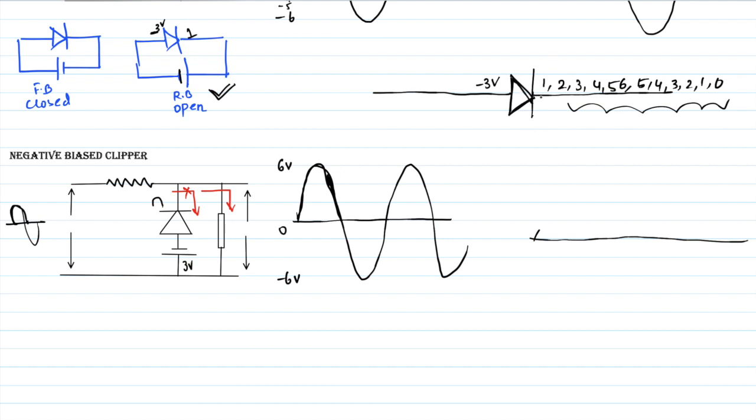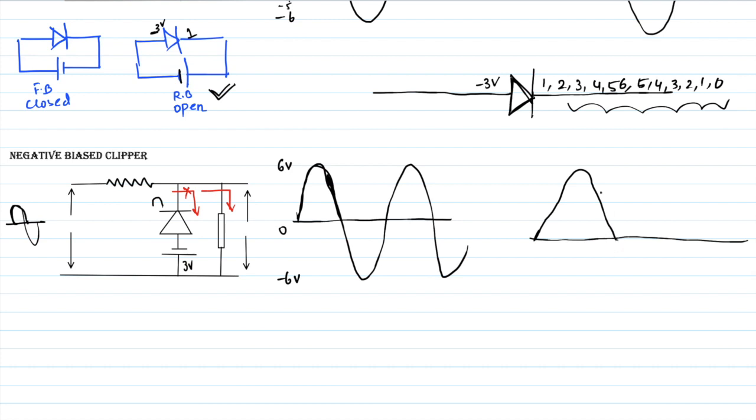The cathode is more positive than the anode. So for all the positive values, the diode will become open and no current will flow across the diode. The entire current will flow across the output, so you will get the entire output for the positive signal 0, 1, 2, 3, 4, 5, 6, again 5, 4, 3, 2, 1, 0.